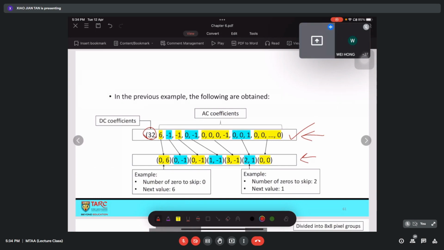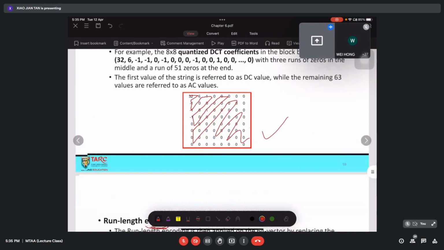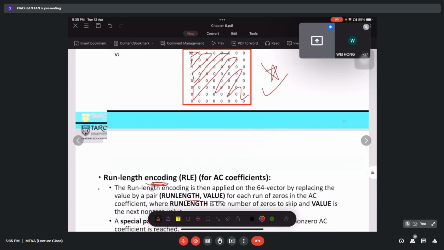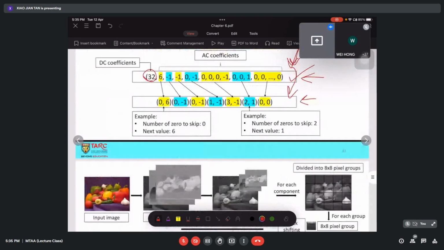DPCM would have another string to store it, and the AC values will be stored over here. But nonetheless, when you do the calculation, you should include this step followed by this one. Of course, you can explain separately, but this is the step just after you get the quantization value.